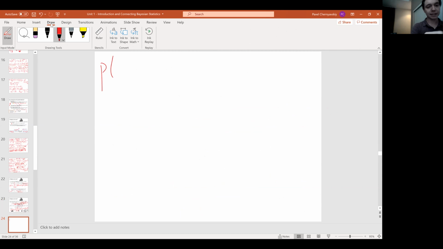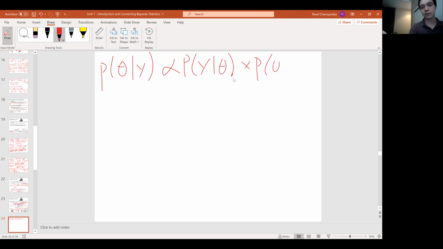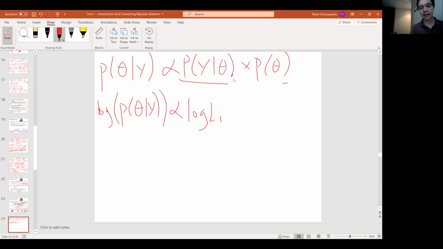And so what this means is, if the posterior is proportional to the likelihood times the prior, what actually happens behind the scenes in software is on the logarithmic scale. If we take the natural log of this product, the log of a product is the sum of logs. So you're actually going to be proportional to the log likelihood plus log priors.